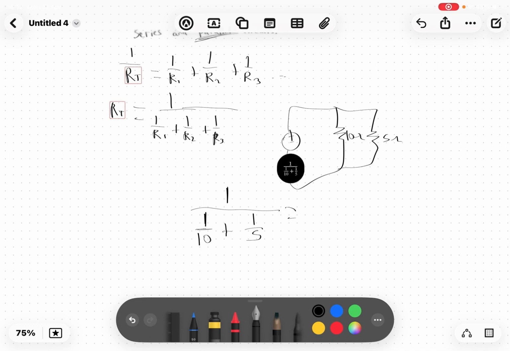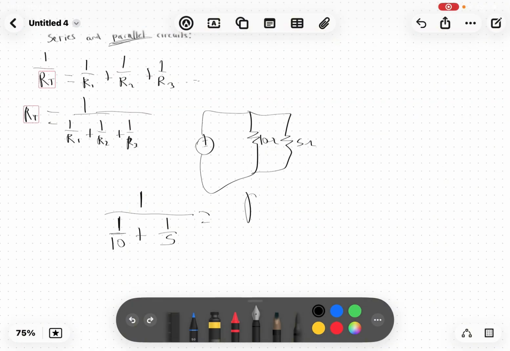And the R total is basically these two connected.